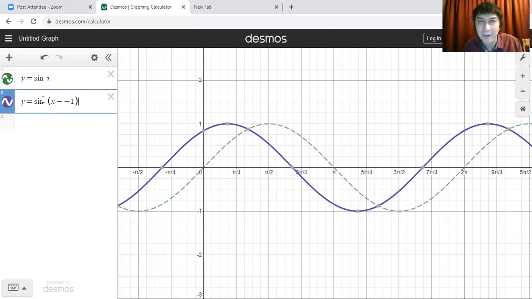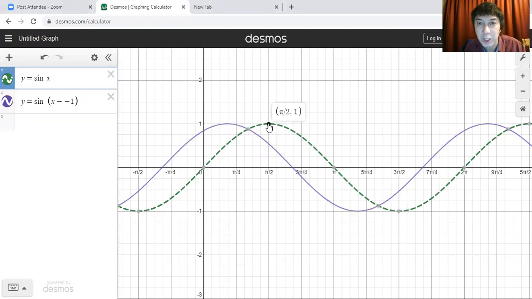This time we subtracted a negative, not just minus positive 1. Let's see the effect of subtracting a negative. Did it actually move to the left or to the right? Remember, our original is the hidden line sine graph. So we can actually locate this point. Again, this is the same point, pi over 2 for x.